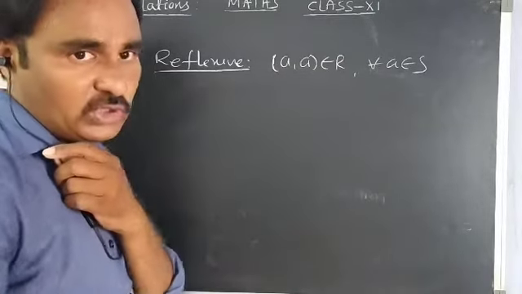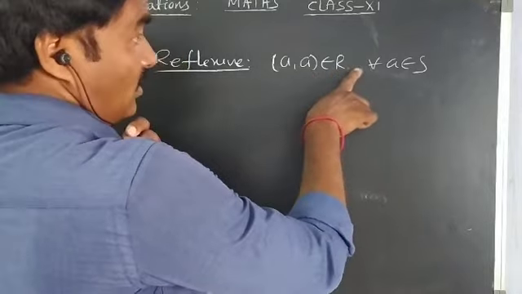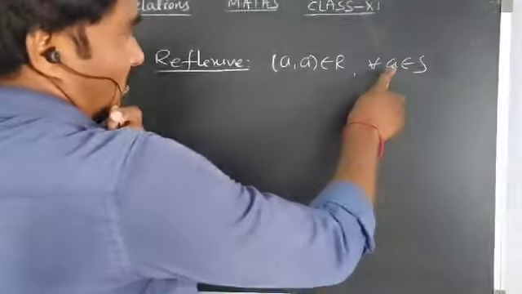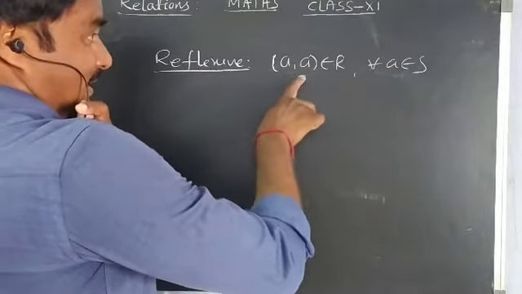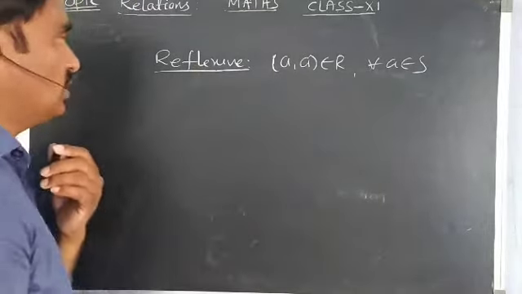That ordered pair belongs to R for every element of S. This symbol is used for 'for all'. For each element of S, this ordered pair belongs to R.